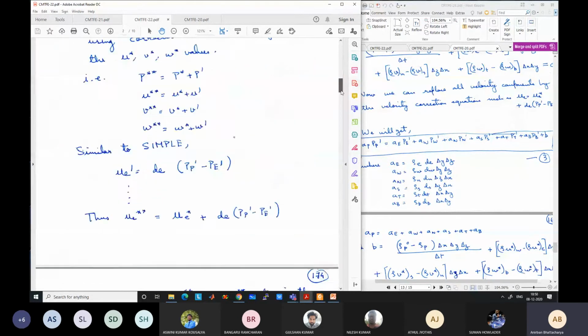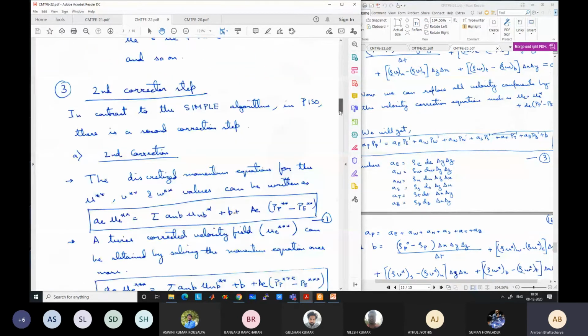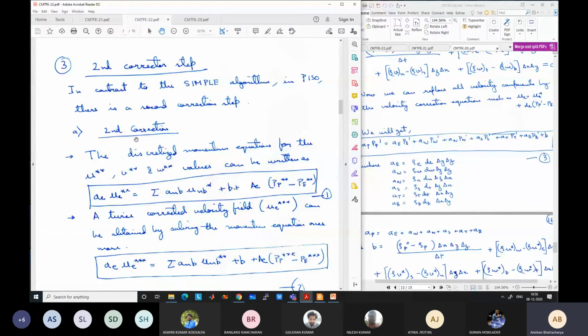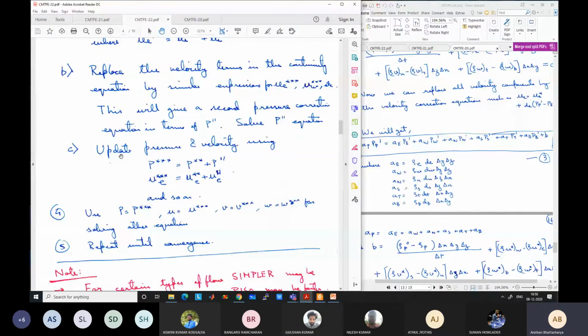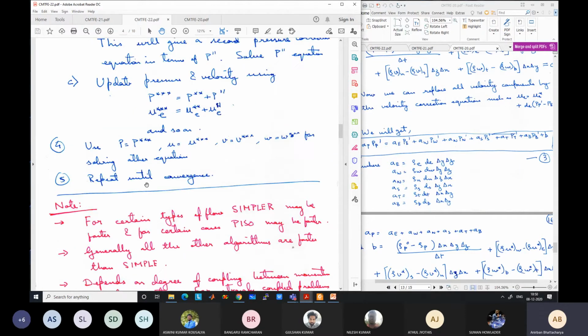Up to the first predictor and corrector step, it is exactly the same as SIMPLE, but now we devise a second pressure correction equation, solve it exactly in the same way, and add this second pressure correction and velocity correction. Velocity correction is in terms of pressure correction, so we add the second correction to the first updated values to get a second updated value, which enhances the tendency to go towards the correct solution in a single iteration. So this is known as PISO.